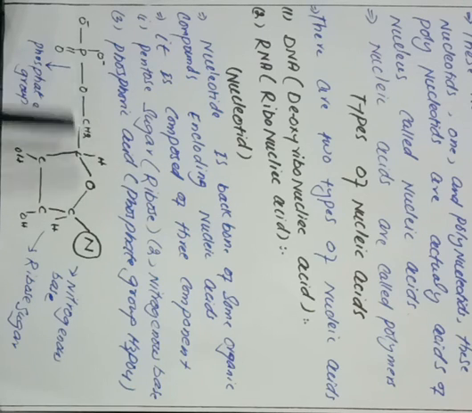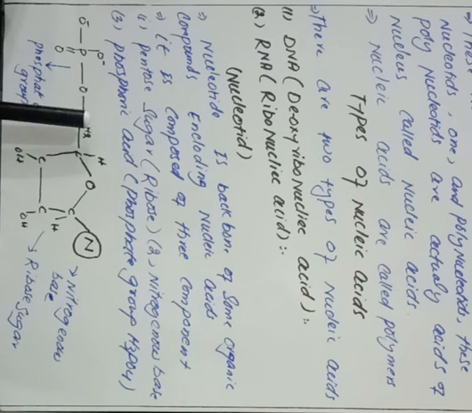Nucleotides combined in many numbers give rise to nucleic acid. If they are combined in the polyform, it means 1, 2, 3, 4, 5, 6, combined in many numbers, they will give rise to DNA and RNA, which are nucleic acids.